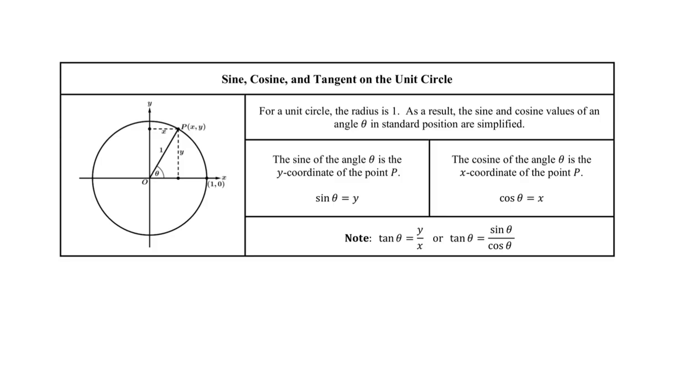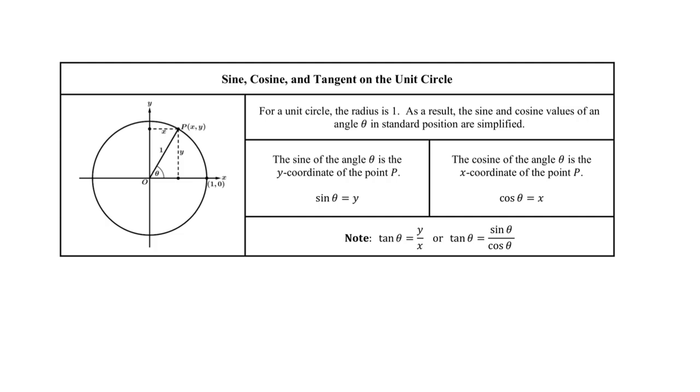So look what we got here. We're talking about sine, cosine, and tangent of the unit circle. And what do we notice about sine of theta? It says sine of theta equals y. What are we missing? Well, we're missing our radius, right? Isn't it supposed to be y over r? But because it says unit circle, we know what the r is. The r is 1. So I don't have to put the r.